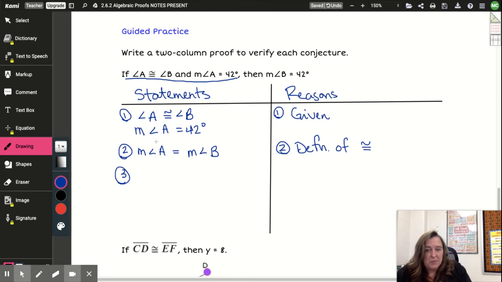My next step now would be to take the other bit of given information here, and now I can put that in place of measure of angle A. So I would say 42 degrees is equal to measure of angle B. And the reason I can do that is because I substituted something for measure of angle A that was equivalent to measure of angle A. So this would be substitution property.